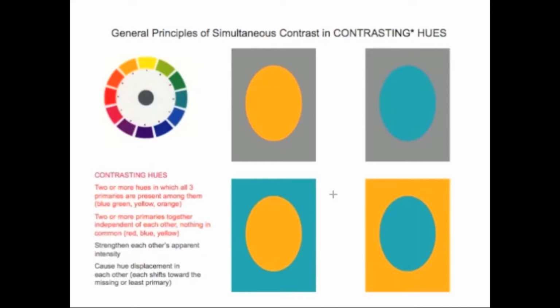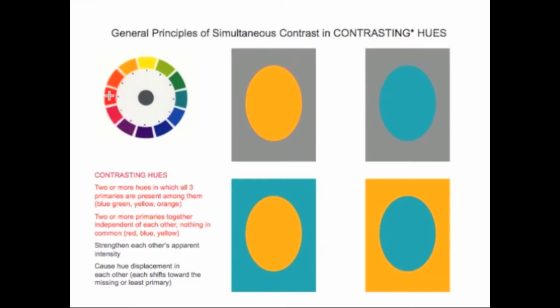The other principle of simultaneity is with contrasting or opposing hues. And if we look at the hue circle, and we're looking at red, and we've got red, red-orange, orange, yellow-orange, and yellow. Well, red and yellow don't share anything. They're two separate hues that don't have anything in common. So they're actually opposing.